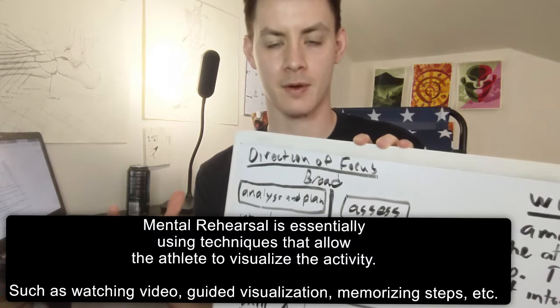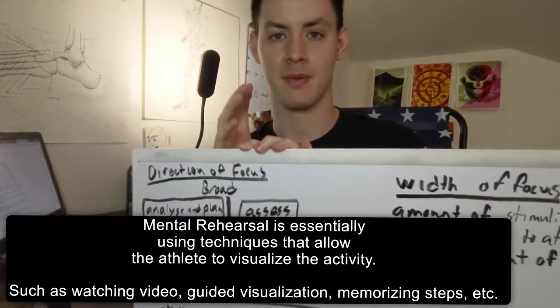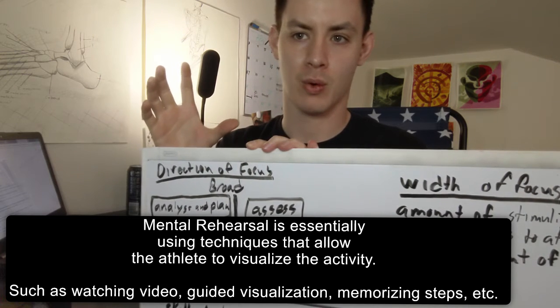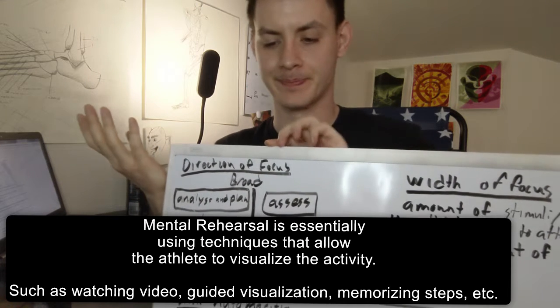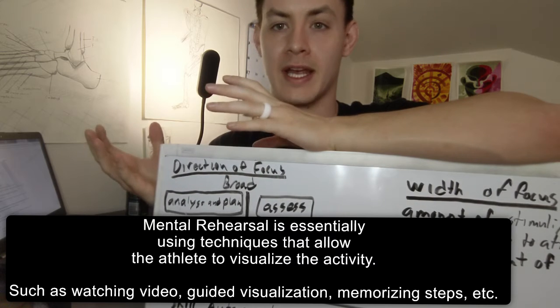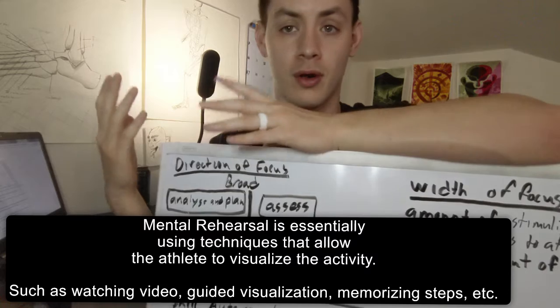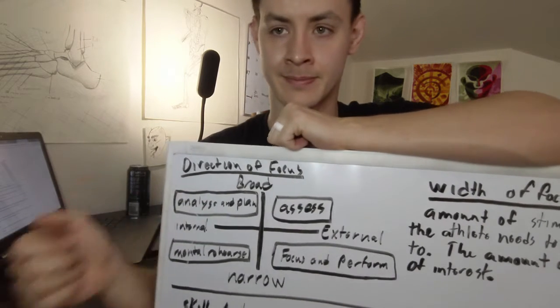So like if you're watching film and you're putting yourself in that position, or you're laying there in bed visualizing the movement or the technique, or visualizing yourself on the field.